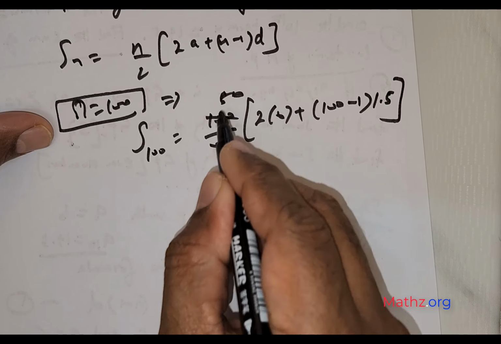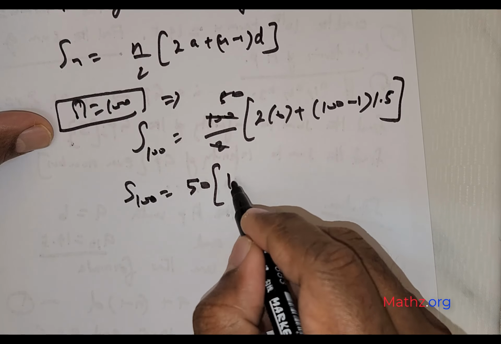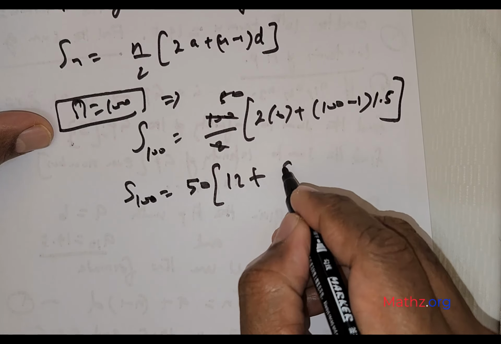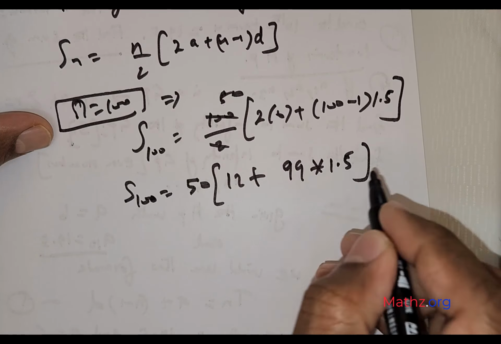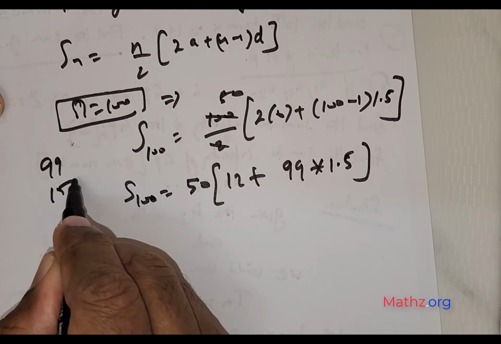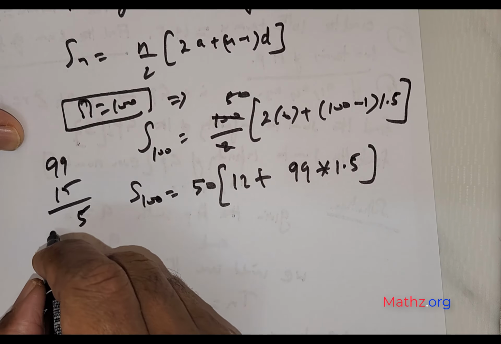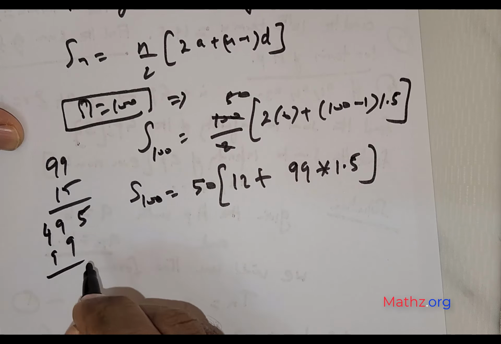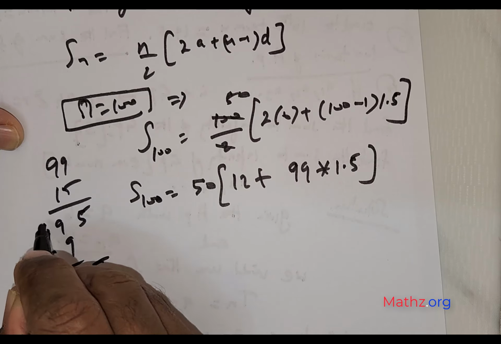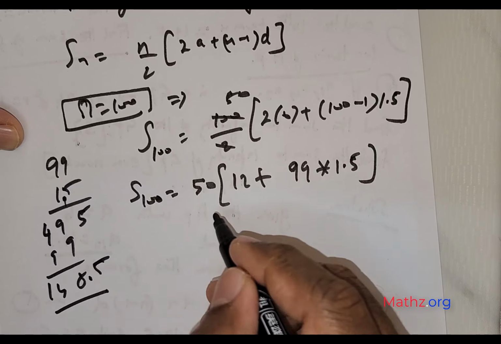2 divides 100, 50 times. So S100 is equal to 50 times 2 times 6, which is 12, plus 99 multiplied with 1.5. So we have to multiply 99 with 1.5, which gives 148.5.